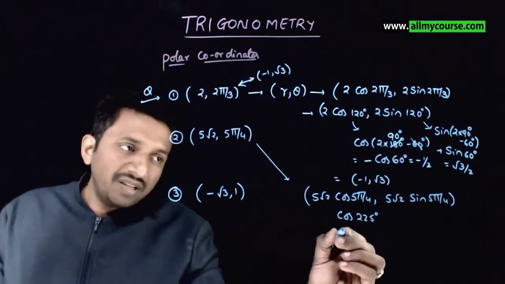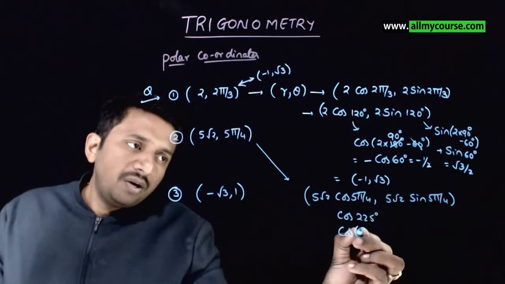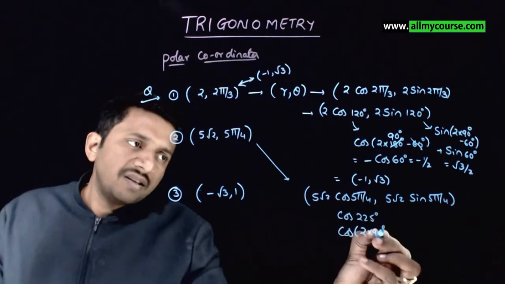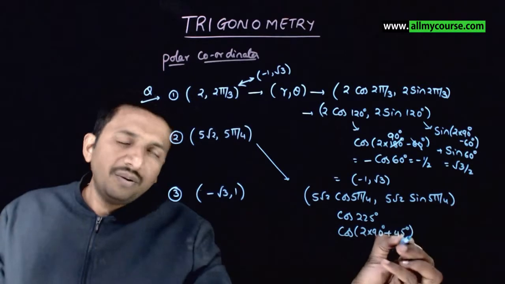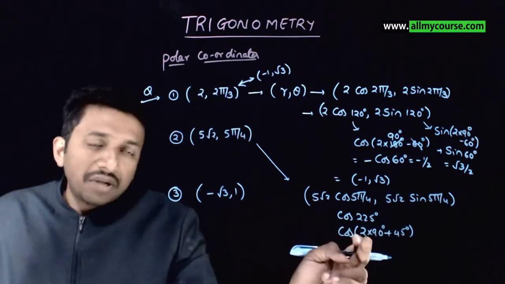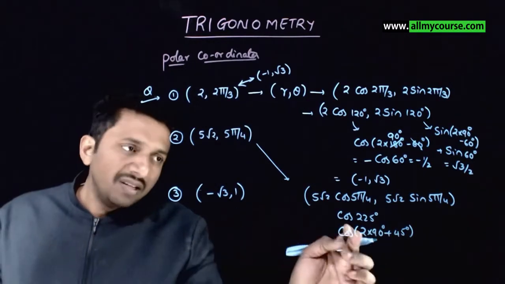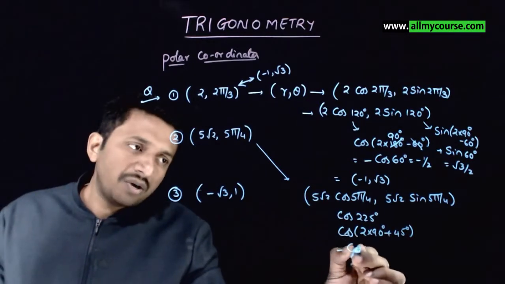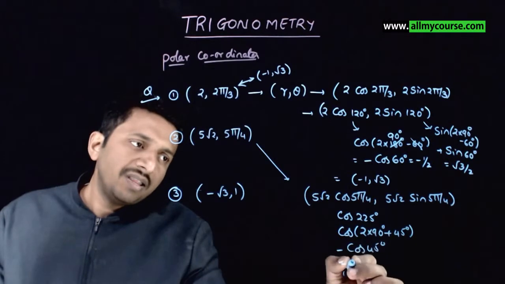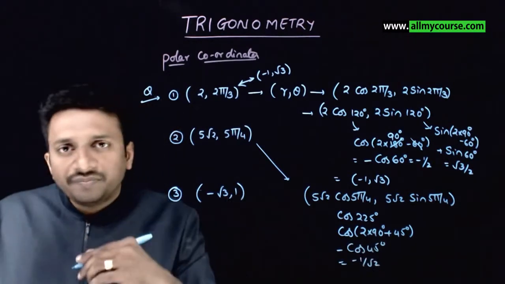So cos 225 is nothing but cos of 2 times 90 degrees plus 45 degrees. The angle is in the third quadrant, so cos is negative, you get a minus. The number is even, so cos remains cos 45 degrees, which is equal to minus 1 by root 2.